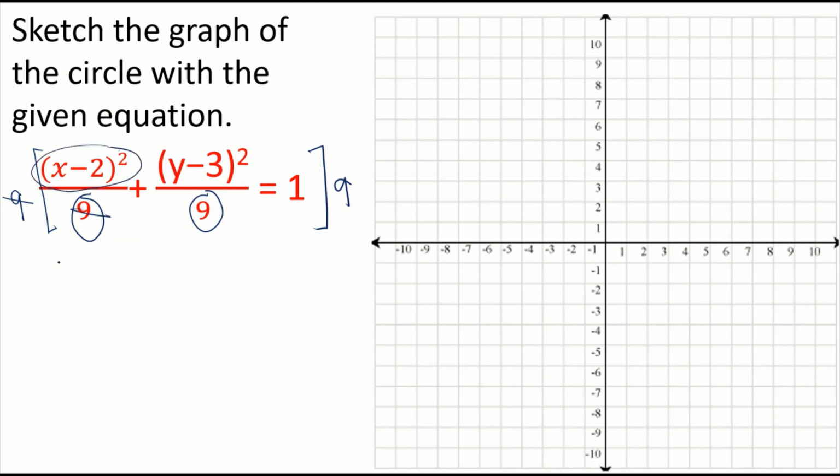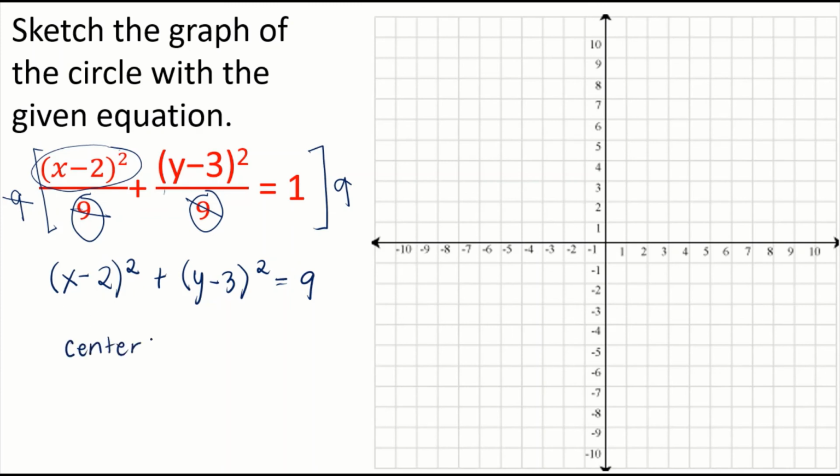So, we will have x minus 2 squared plus quantity, ito, 9 times y minus 3 squared over 9. Maka-cancel din yung denominator. So, we will have quantity y minus 3 squared is equal to 9. Okay, so this time, we can now able to find the center.